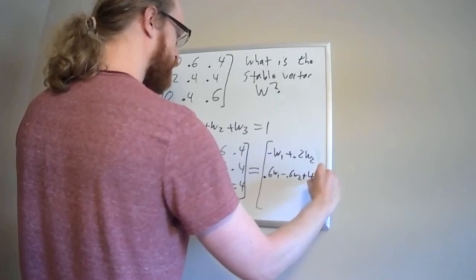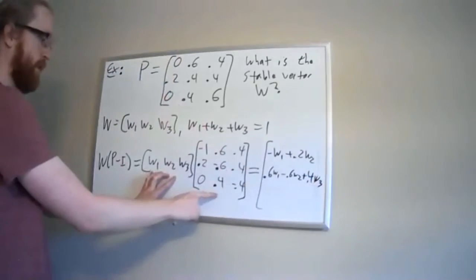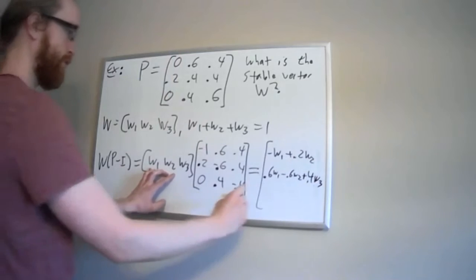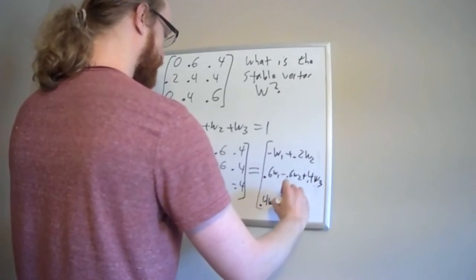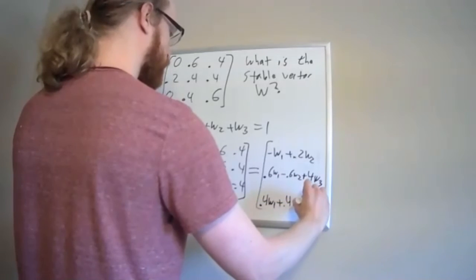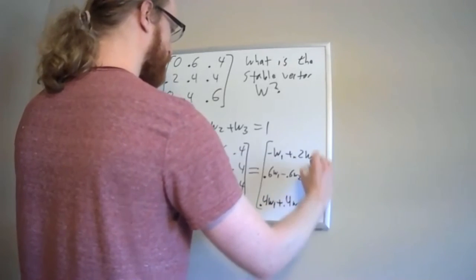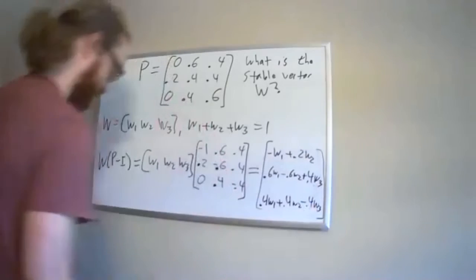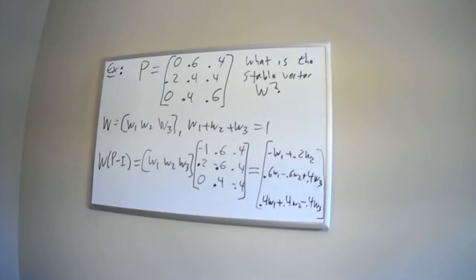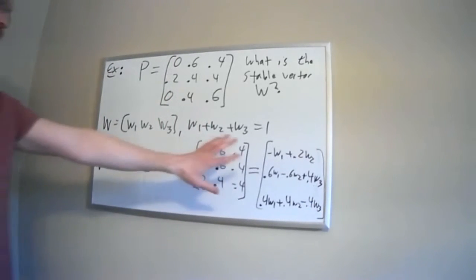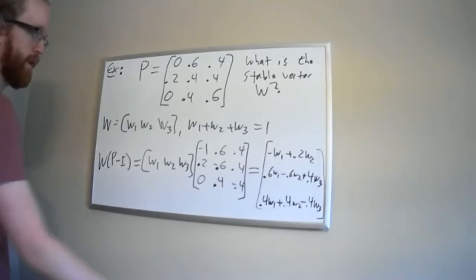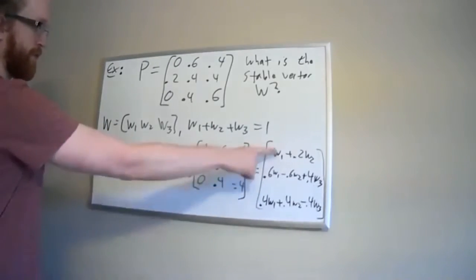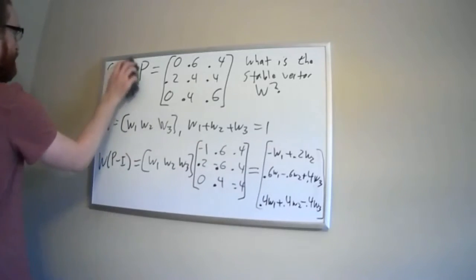And then I multiply with the third column, I'm going to get 0.4 W1 plus 0.4 W2 minus 0.4 W3. Okay. So this is the result. These are my 3 results for multiplying this with this. And so now what I'm supposed to do is take each of these and set them equal to 0.